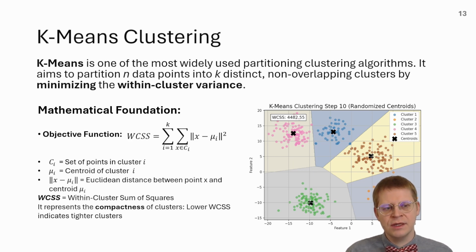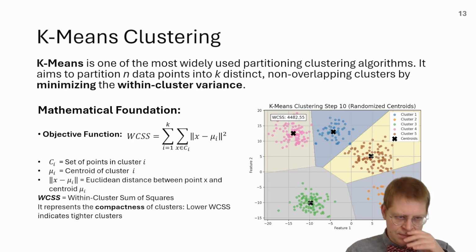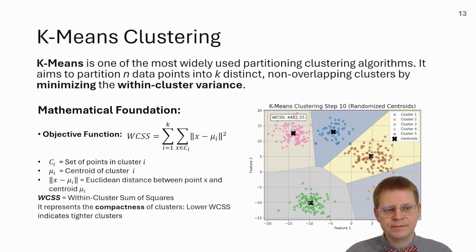To address these, techniques like K-Means++ help initialize centroids more effectively. The equation at the bottom shows this metric, the within cluster sum of squares. Basically, it tries to make each cluster as tight as possible.